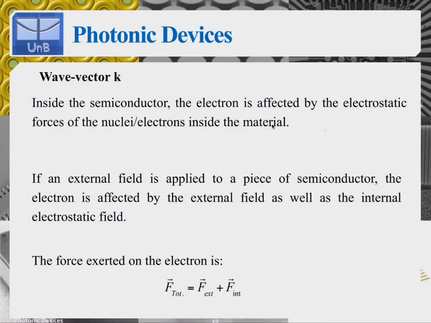So you can consider the material as a periodic arrangement of atoms, and these atoms, since they're made up of positive and negative particles such as protons and electrons, are going to subject the electron to a periodic potential as well. In fact, we call this V of R.